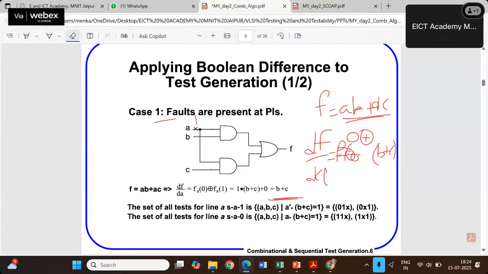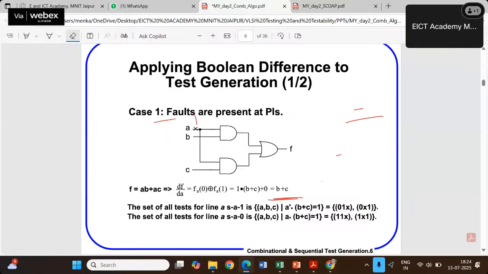You have to find what is the stuck at 0 fault test pattern and what is the stuck at 1 fault test pattern. For that, just find the set of all vectors where the fault is stuck at 1. Stuck at 1 means we just need to take 0 for that. To activate that fault, I need a 0.